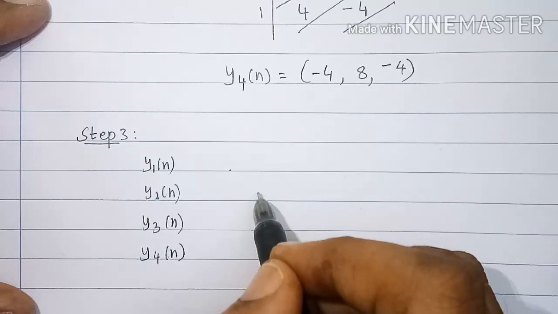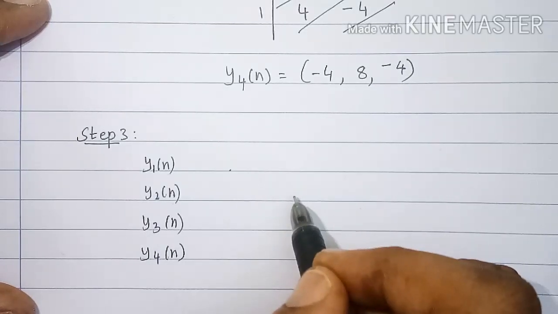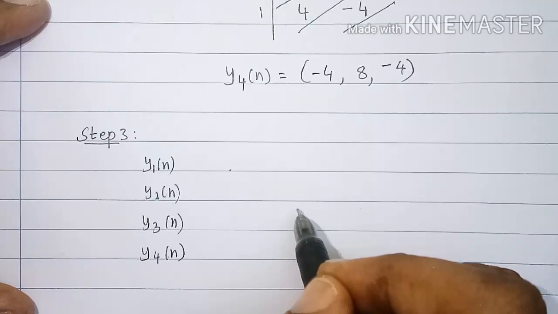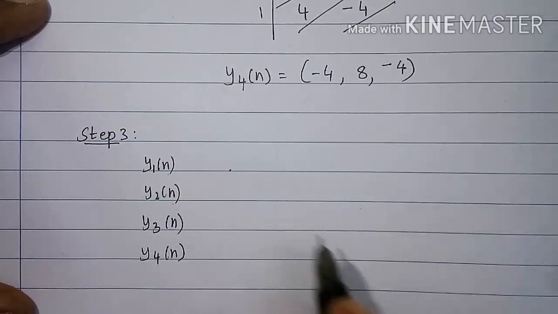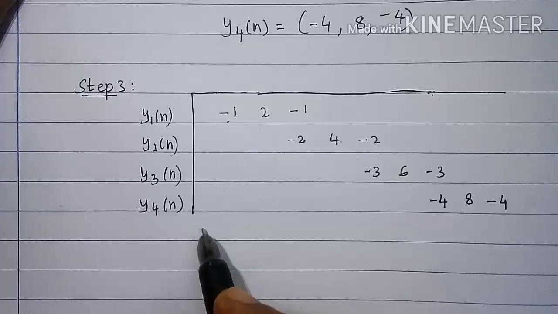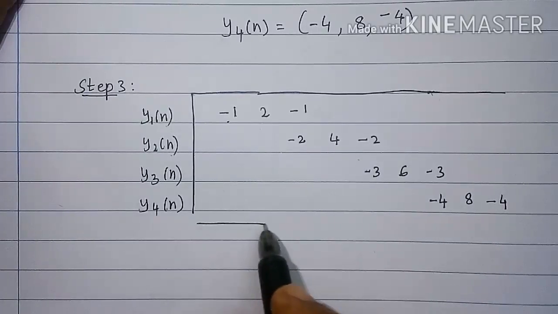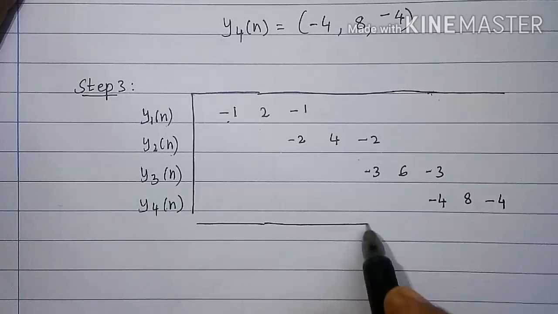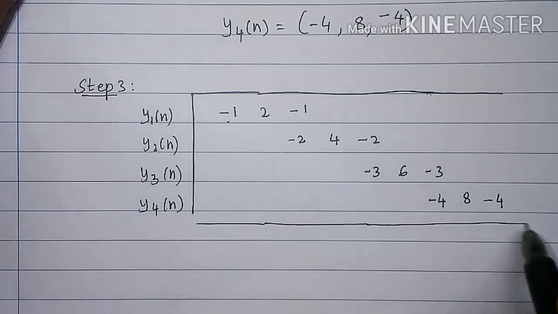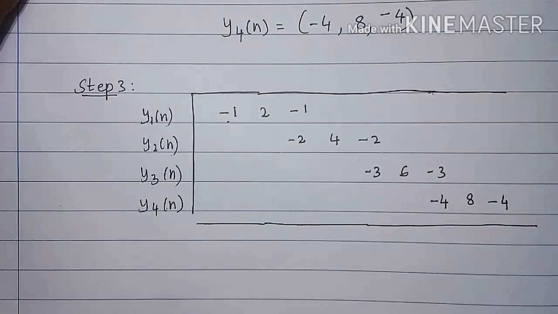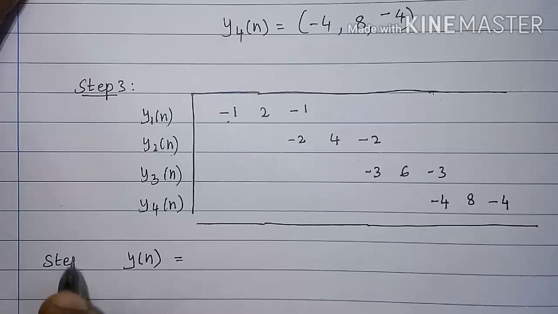The last element of y2 of n will be above the first element of y3 of n, and so on. That is, now we have to add the samples here which are one below the other and write for y of n. That is step 4.